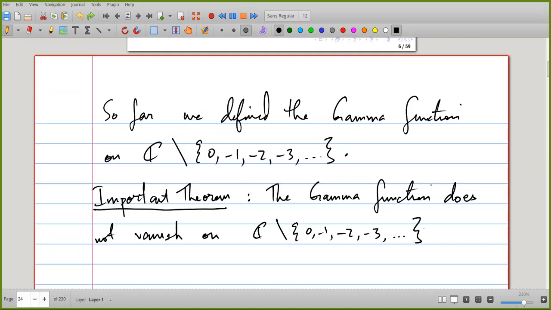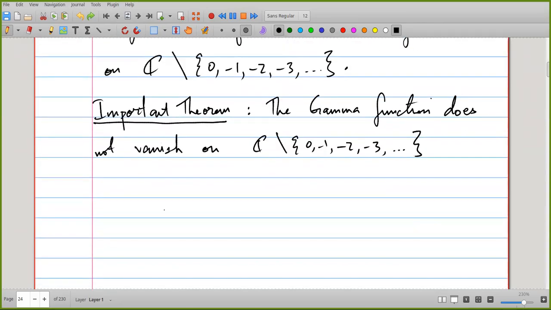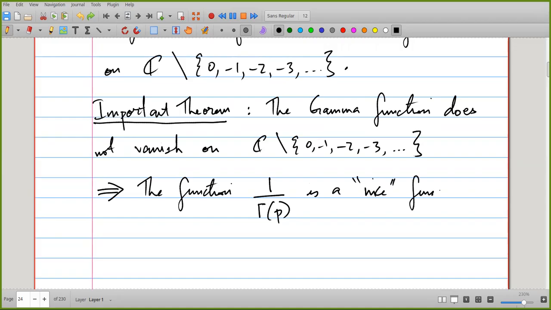And therefore the function 1 upon gamma of p is a nice function on C minus the non-positive integers.